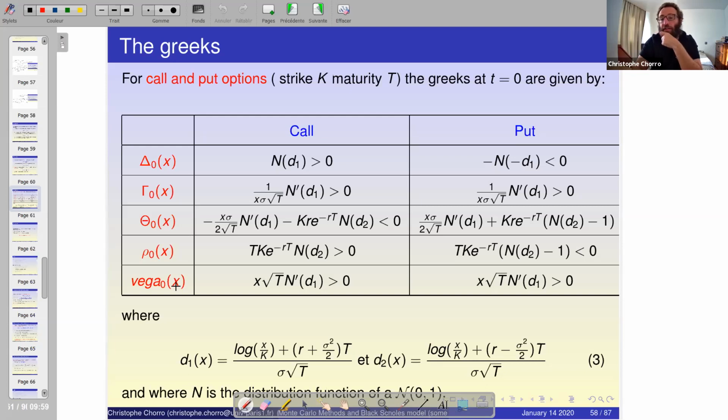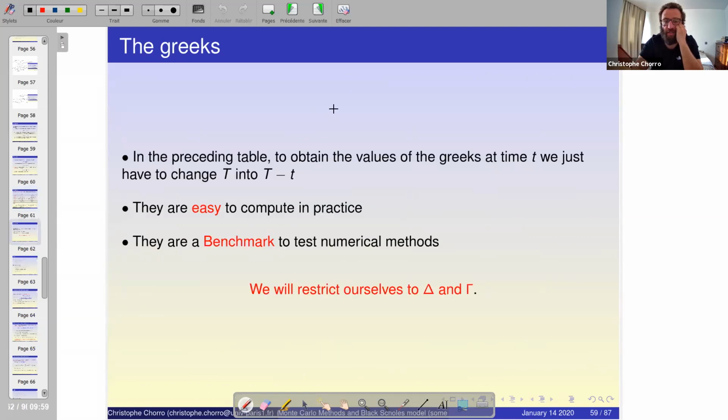But unfortunately, as in the case of prices, I have this nice expression for the Greeks in the Black-Scholes model, but I don't have them for more general payoffs.